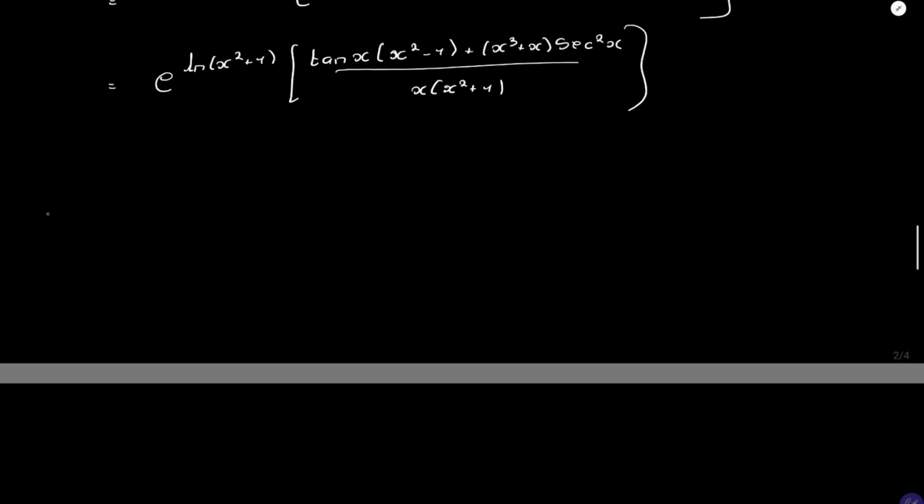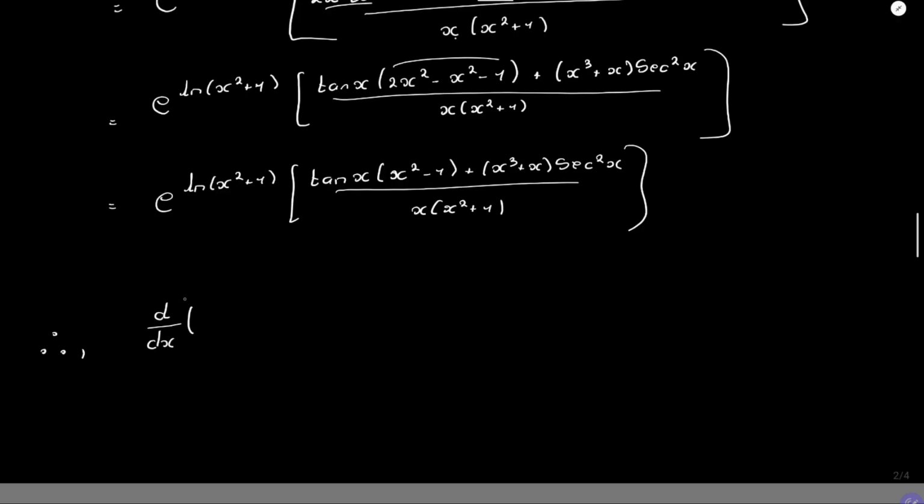So we can then conclude that the derivative with respect to x of our initial function, tan x e to the ln of x squared plus 1 divided by x, is equal to dy on dx.